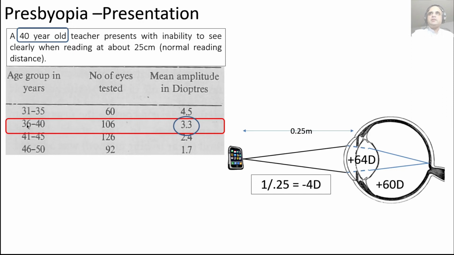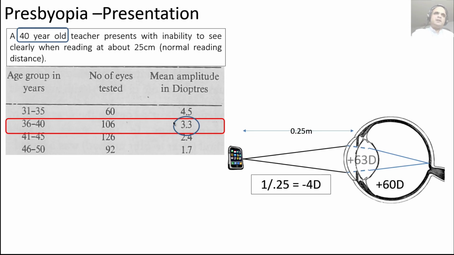And as you can see, when you're closer to 40, the accommodative amplitude drops to 3.3. And you need an accommodative amplitude of 4 to neutralize light rays that are coming from 0.25 meters because they have a power of -4. So this individual, this teacher, can't take the power of his or her eye to 64, can only take it to approximately 63, 63.3.